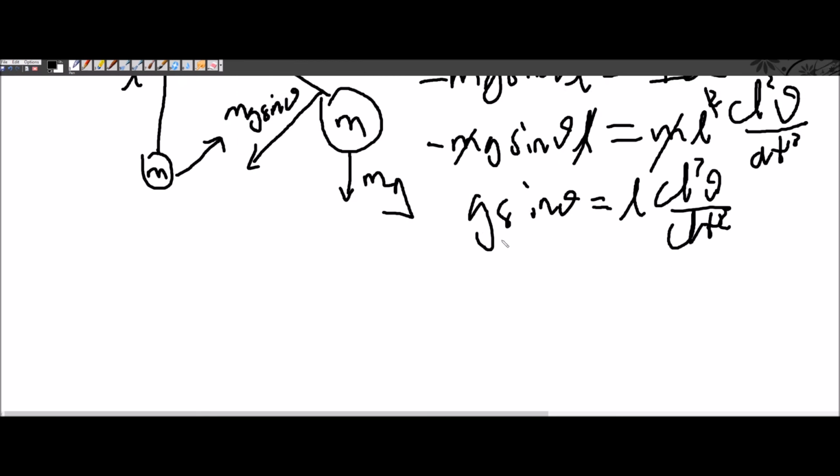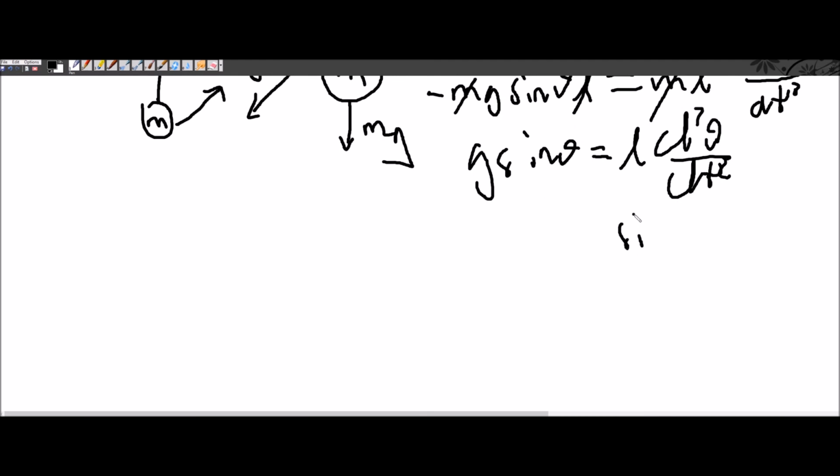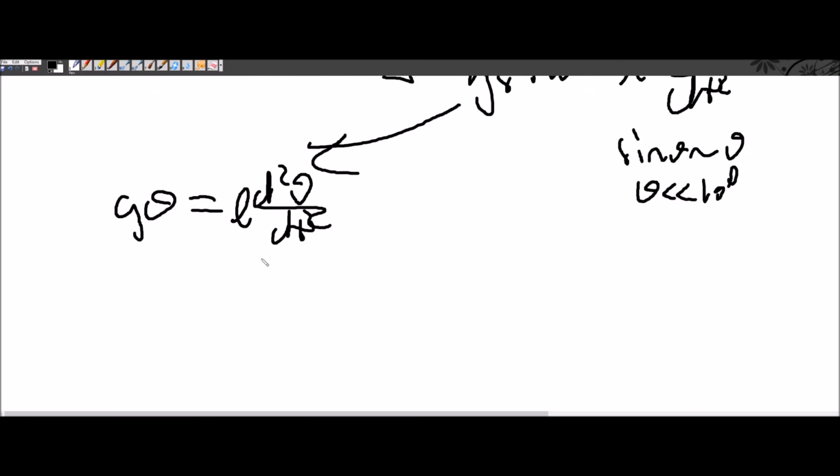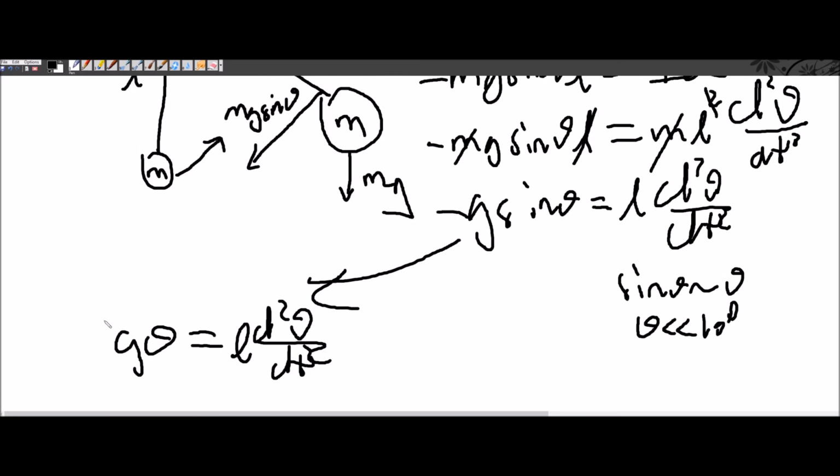Now we know for small angles, sine theta is approximately just equal to theta, for theta that's smaller than about 10 degrees. So we can write it as theta, so we get g theta equal to L d squared theta over dt squared. Don't forget a negative, oops.